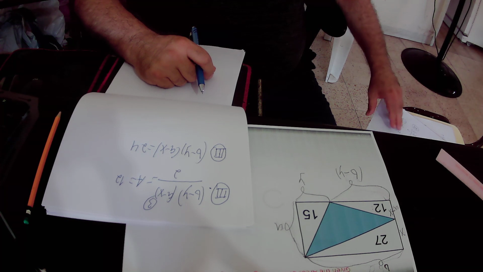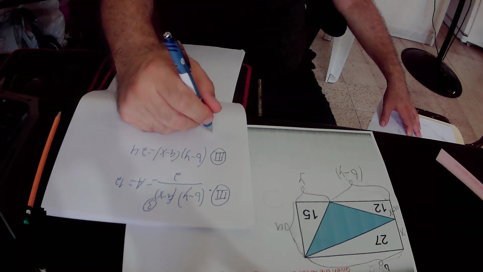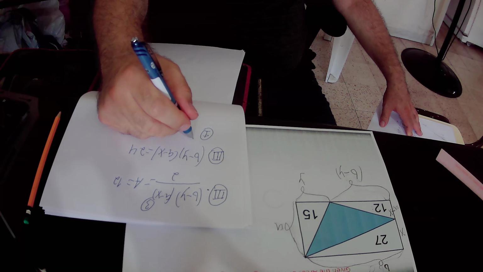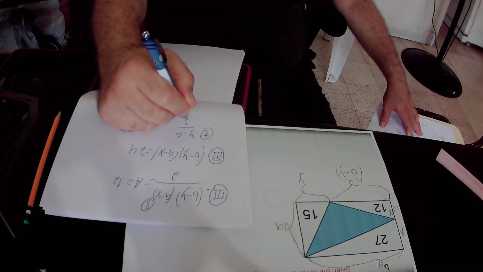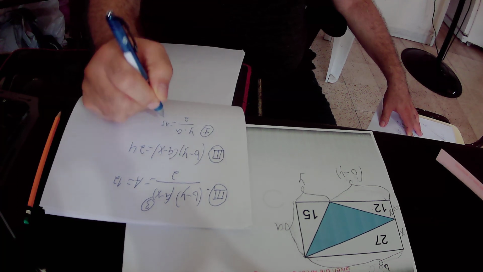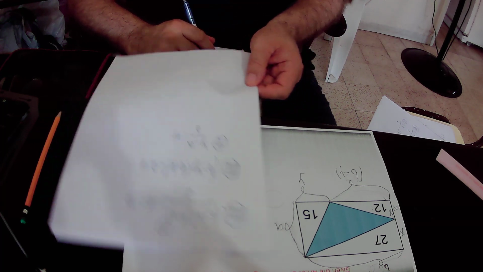Okay, so the next step that we will do is to take, first of all, y out of the equation. In the first equation we have y times a divided by 2 equals 15, so we will take y out of the equation.